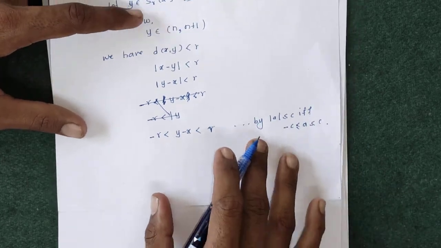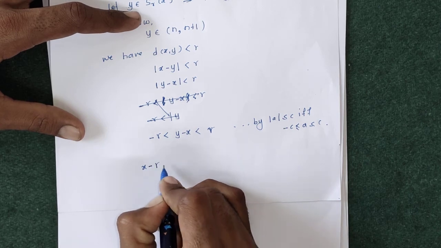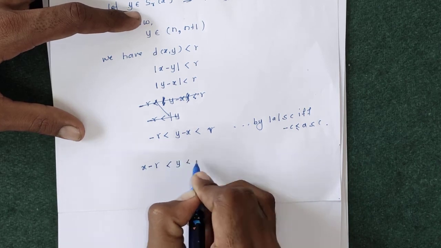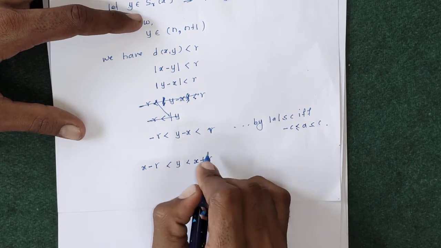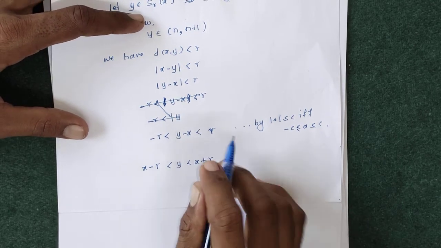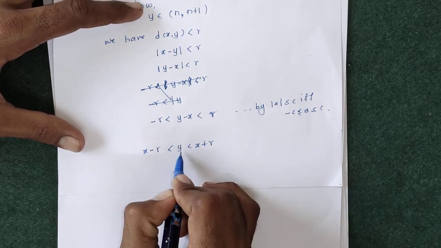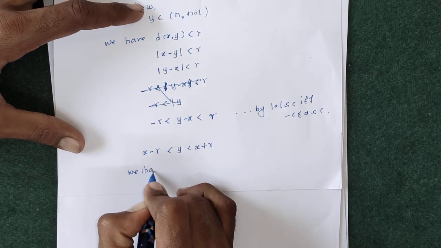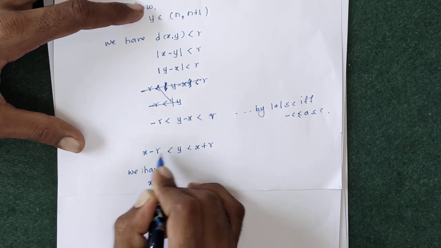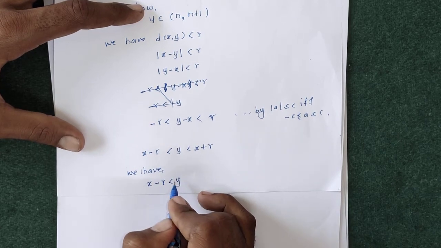Now adding x on all sides, we can write x minus r less than y less than x plus r. From this inequality, x minus r is less than y.